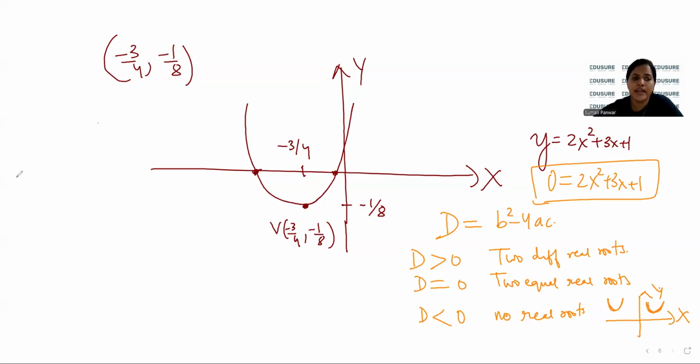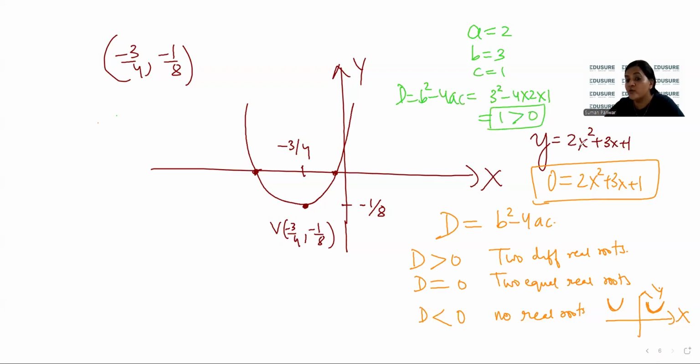So since my parabola in the given example is crossing the x-axis, let us confirm. So here A was 2, B was 3, C was 1. So D was b square minus 4ac, which is 3 square minus 4 times 2 times 1, which is 1, which is positive. So hence we had two different real roots and it is confirmed through the diagram.